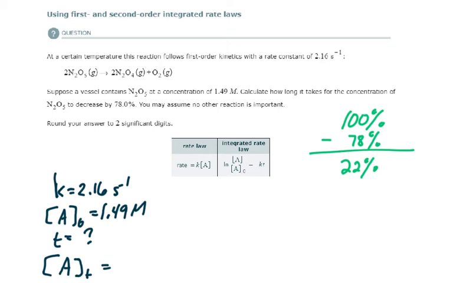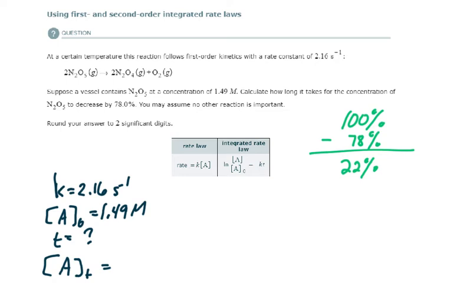So that means that this value, the concentration of A at this time, whatever time it takes for 78% of this to disappear or be used up, is going to be 22% of this concentration. So this concentration is 22% of this concentration.